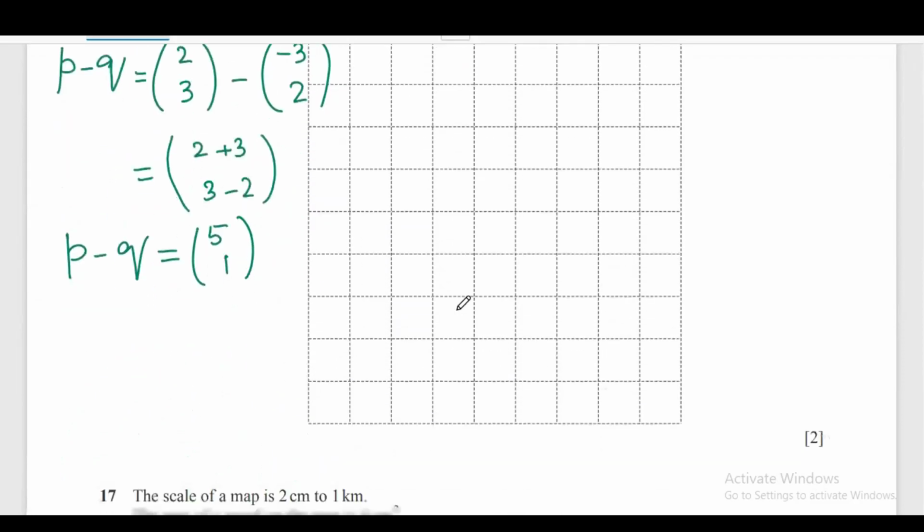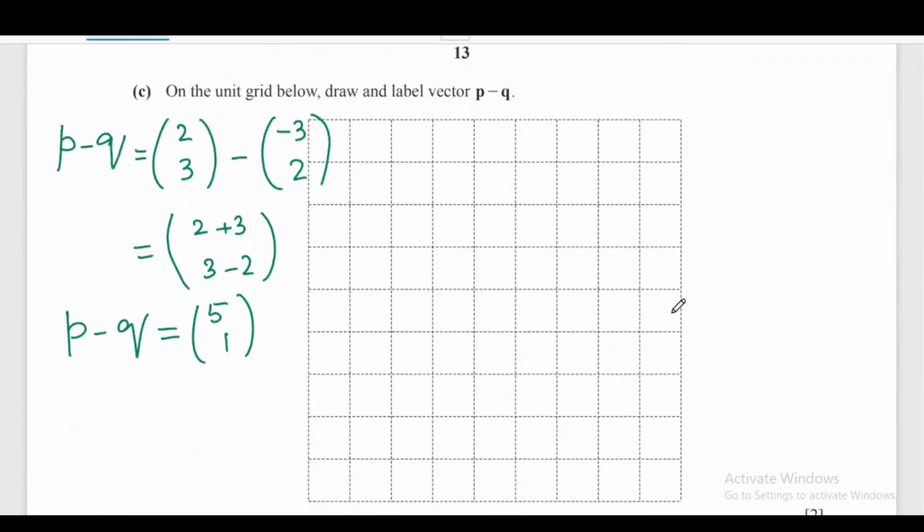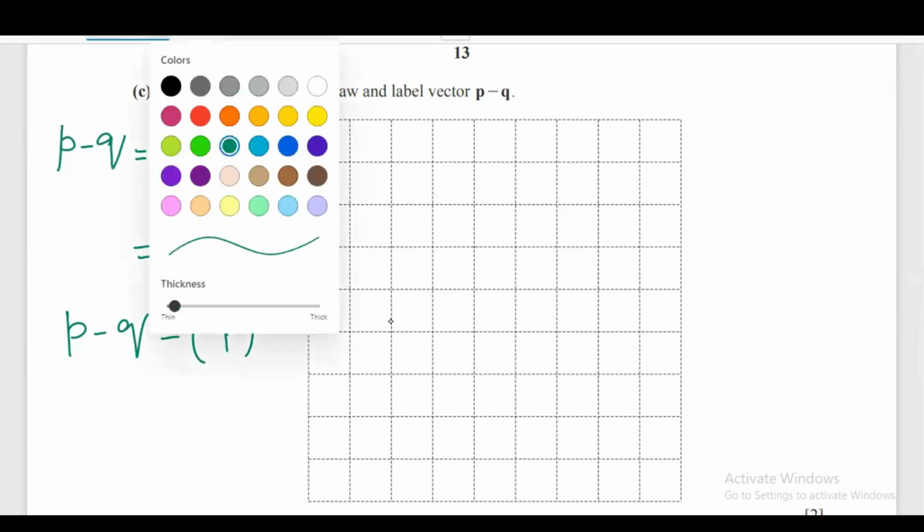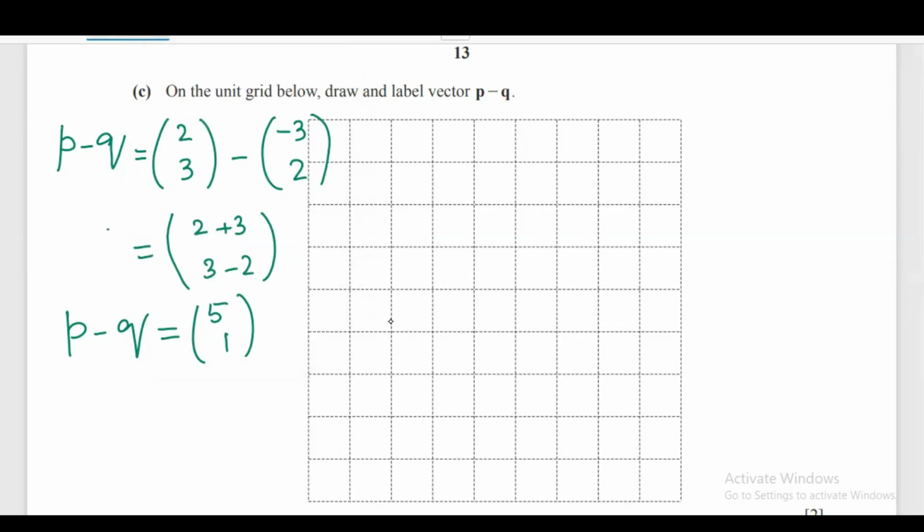Now the next step is, no need to draw the x-axis or y-axis, and you should know the direction of 5 and the direction of 1. 5 is positive 5.